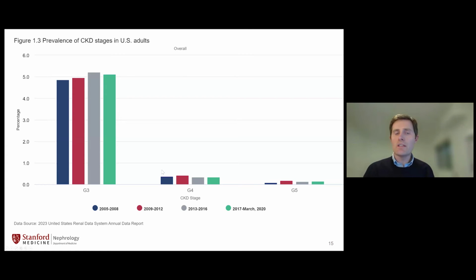And then you can see it drops off significantly for the folks with stage 4 and stage 5 disease. But unfortunately, I don't have a slide of this, but if you look at when patients are referred to see nephrologists, the graphs unfortunately don't look quite as dramatic, because too many patients are referred later on when the opportunity for intervention unfortunately is less.